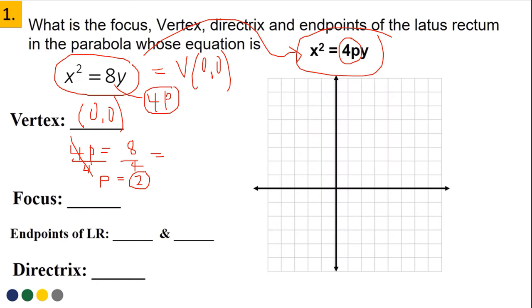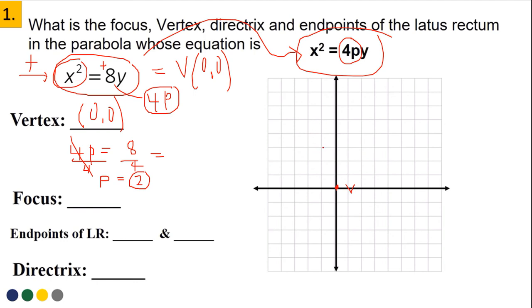So, that means for our focus, let's place the vertex here. One way to better identify the answers is to plot everything. Our vertex is at (0, 0). Remember, the focus is what gives the opening, whether upward, downward, left or right. If you notice the equation we used, it is positive, and the x is the one squared. When x is squared, the parabola faces the x. And it is positive, so is it downward or upward? It will be upward because it is positive.